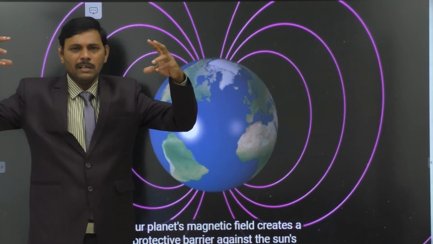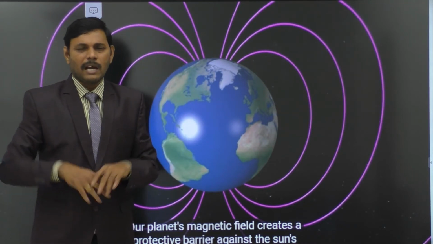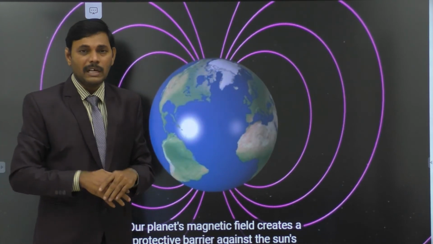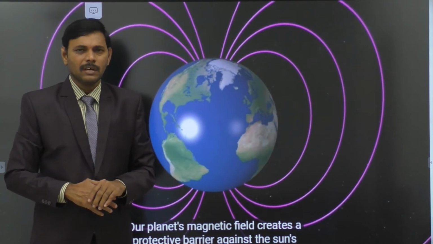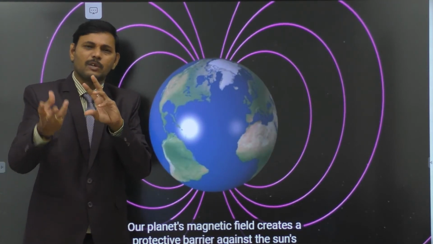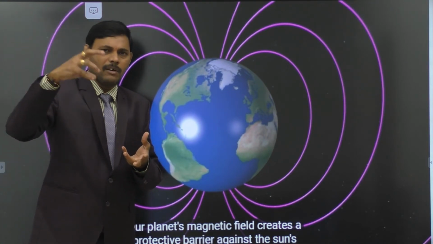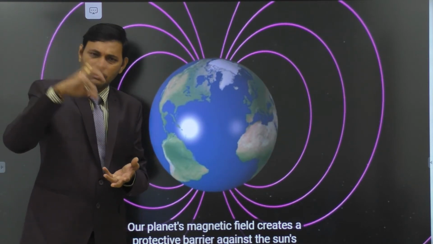There are so many rays that reach the Earth's atmosphere. Unwanted rays are prevented by the Earth's magnetic field. It acts like a shield and prevents the unwanted rays, and it protects our atmosphere. Otherwise our atmosphere would get polluted and damaged by the several types of rays coming from the sun.